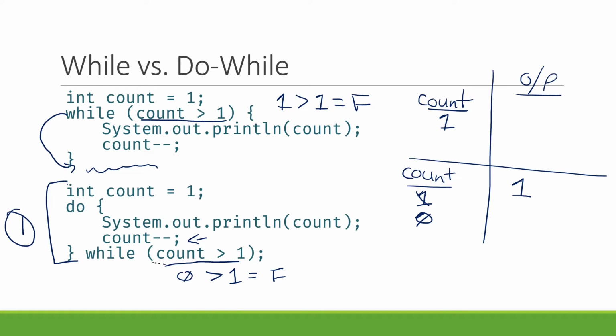And that's because the condition is at the bottom. That's why it's called bottom checking or post-test. Post means after. It tests after we iterate the loop.